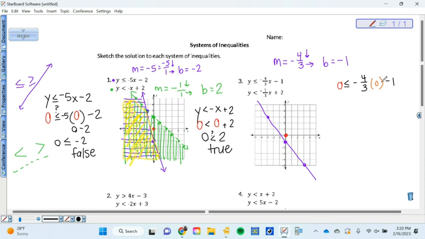What's -4 over 3 times 0? 0. What's 0 minus 1? -1. So this says 0 is less than or equal to -1. Is that true or false? False. So that means I shade the side that does not contain 0. So this whole side.